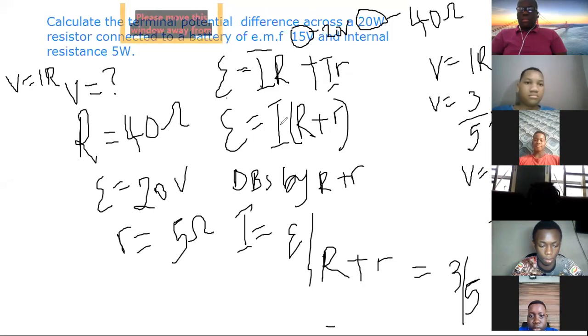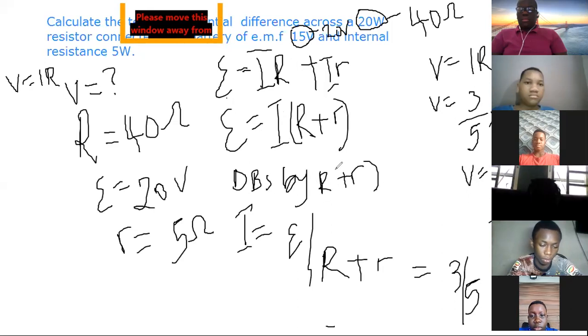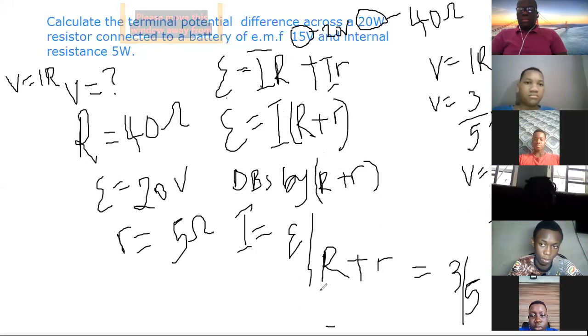We are looking for I, and that gives us E is equal to I bracket R, the big R, plus the small r. Now, how do we get I? Making I the subject of the formula, we divide both sides by big R plus small r. Now, I is equal to the EMF over big R plus small r.